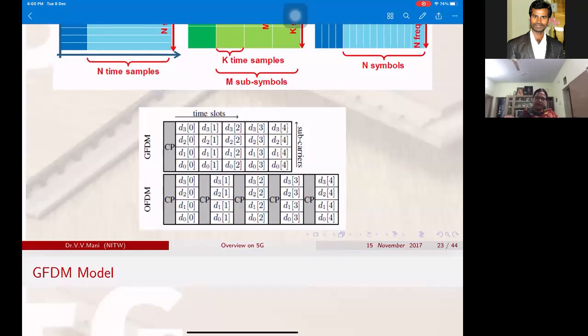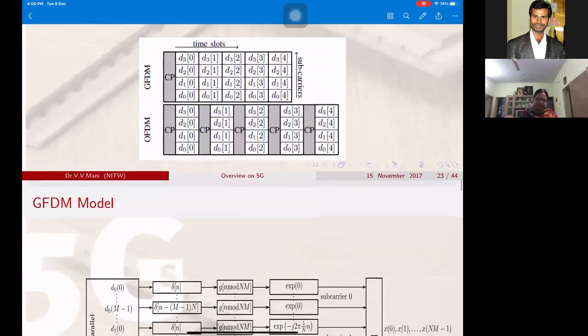Here for my entire time slots and for my subcarriers, I add only one cyclic prefix. That means there is a huge saving of your bandwidth. Unnecessarily, we are allocating some amount of bandwidth to your cyclic prefix. That is one of the advantages in GFDM.